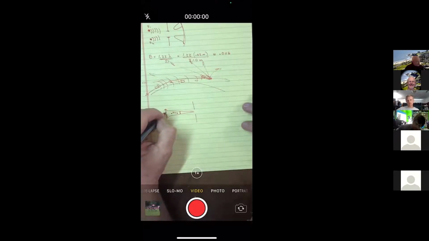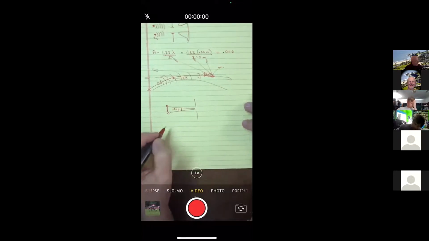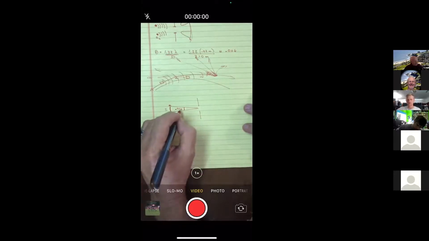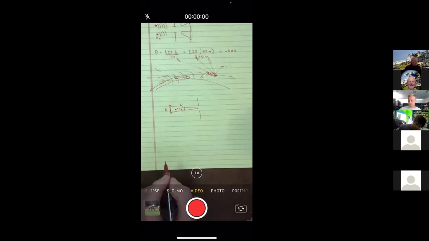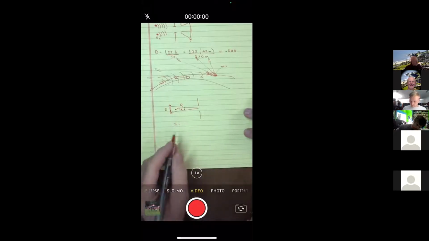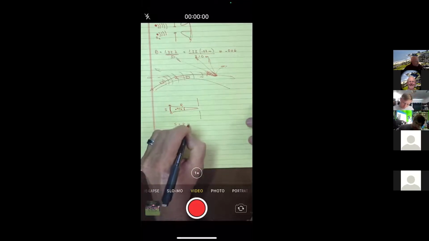If we do a small angle approximation and call this an arc length S, and this is the angle in radians, and this is the distance out, R, of an arc of a circle, the arc length S will be roughly the distance between the two ships, which is R theta.